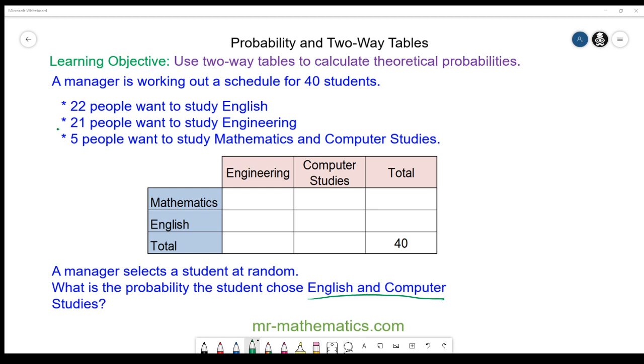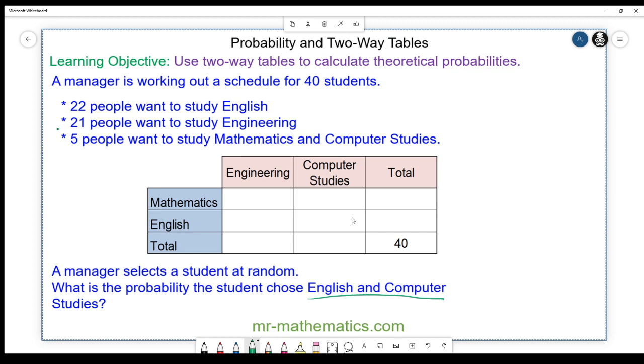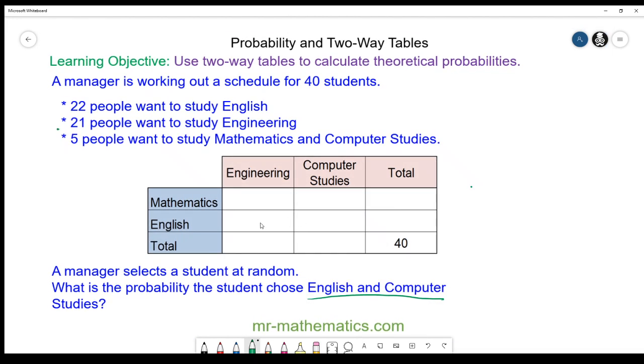Okay, let's have a look at this question then. So we have 22 people want to study English. So that's a total of 22 here. 21 people want to study engineering.